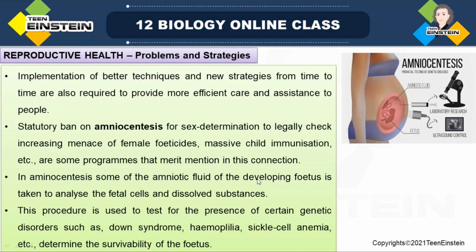So amniocentesis is a technique used to determine genetic disorders. That should not be misused. Okay.